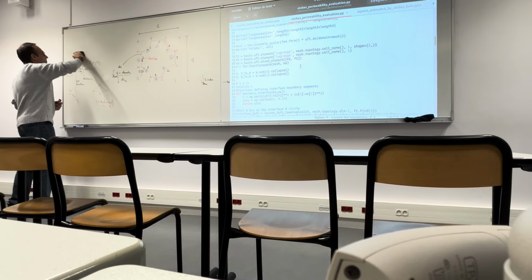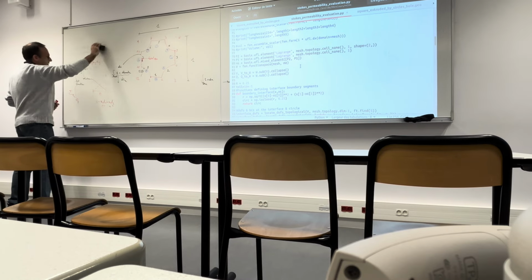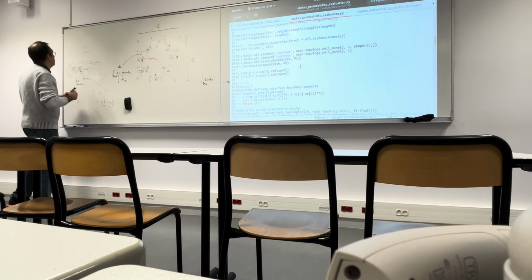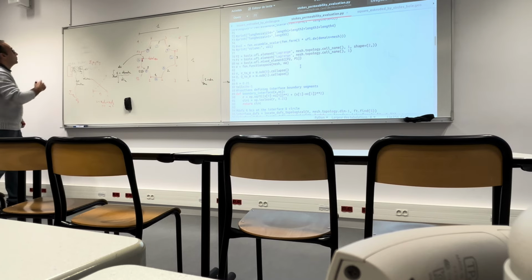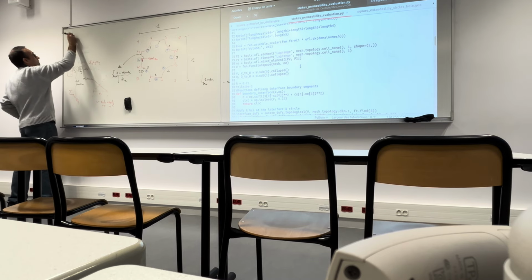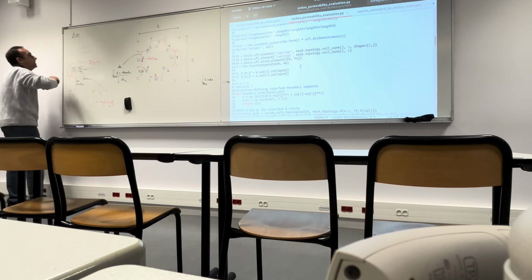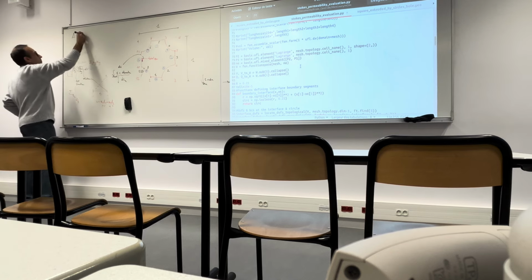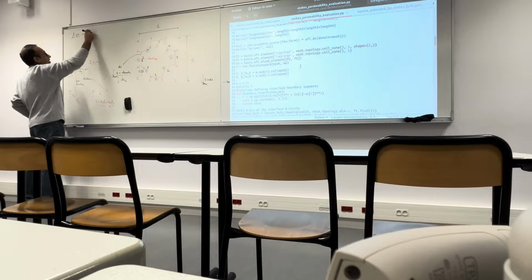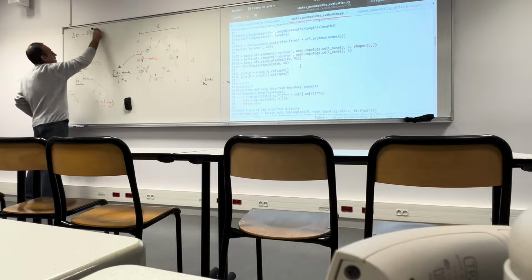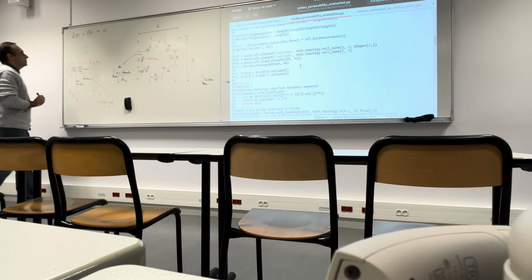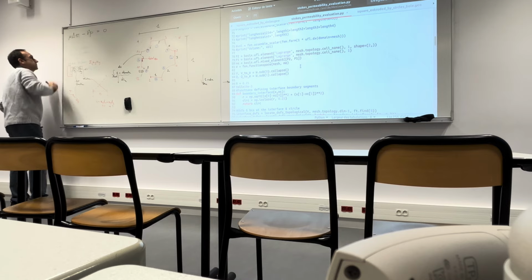If you remember the strong form of the problem, this was the Laplacian of Vi minus the gradient of P equals 0, with the mu here, the viscosity.